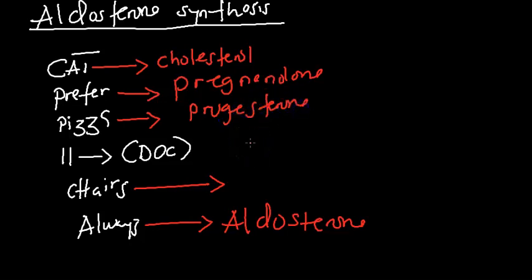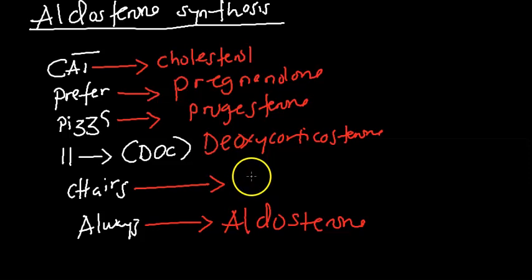And here we have our pizza, which is going to be progesterone. So next thing which we have on the list is DOC. Notice that this is simply an abbreviation, which stands for deoxycorticosterone. And here we have our chair, and the main important thing here is C, which stands for corticosterone.